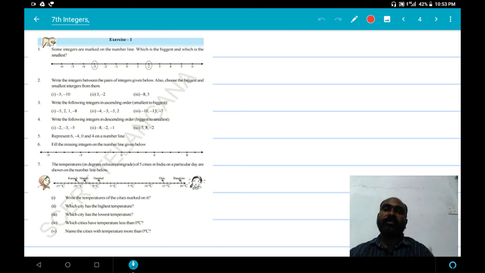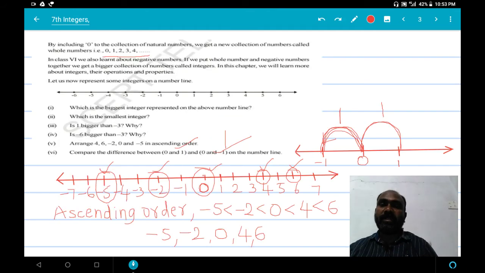Exercise 1. Some integers are marked on the number line, which is the biggest and which is the smallest. Here first, which is the biggest integer represented on the number line, we said always right side is bigger than the left side.